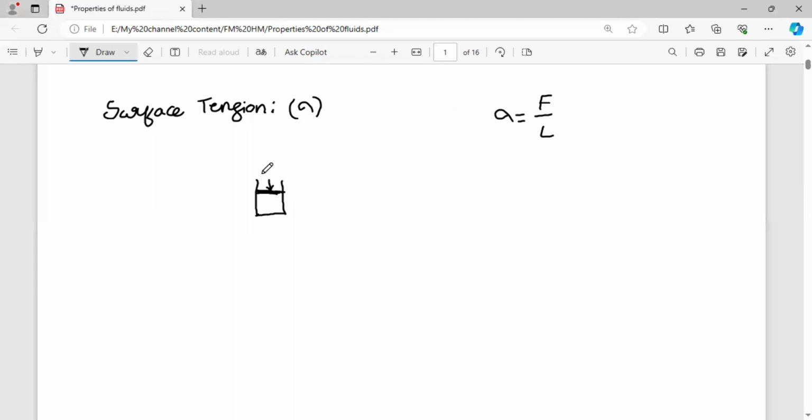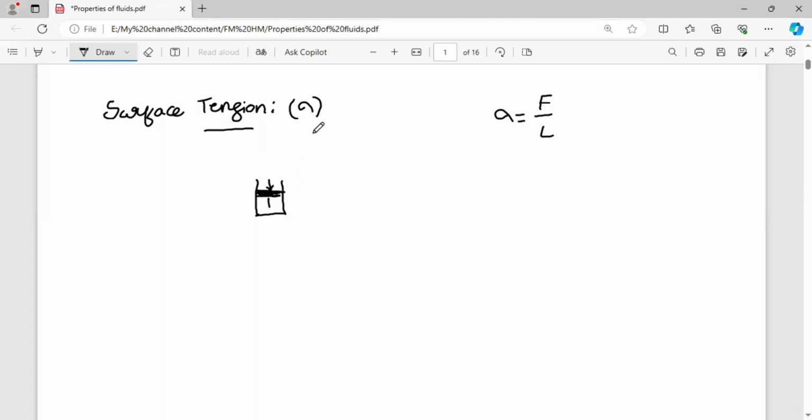Actually, this surface tension is the tensile force acting on the surface of a liquid. It is the surface of the liquid in contact with a gas or liquid, or the surface between two immiscible liquids, such that the contact surface behaves like a membrane under tension.